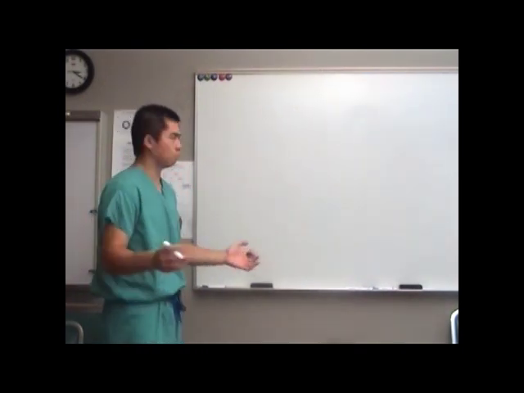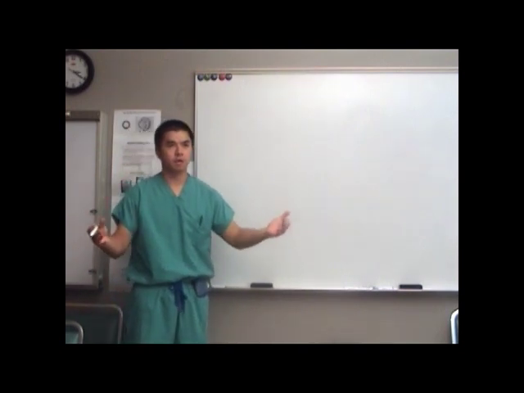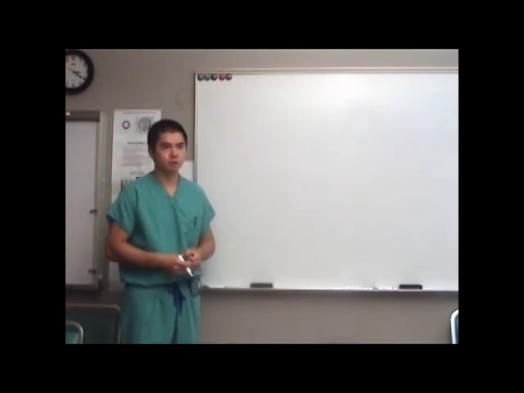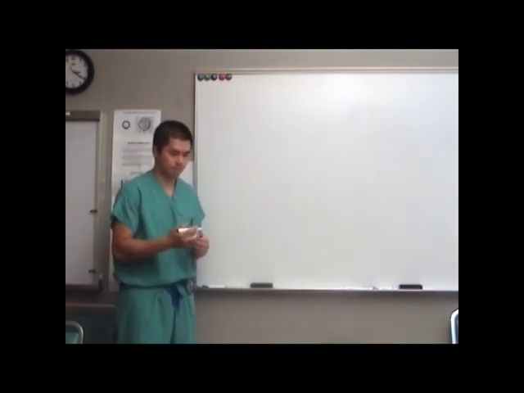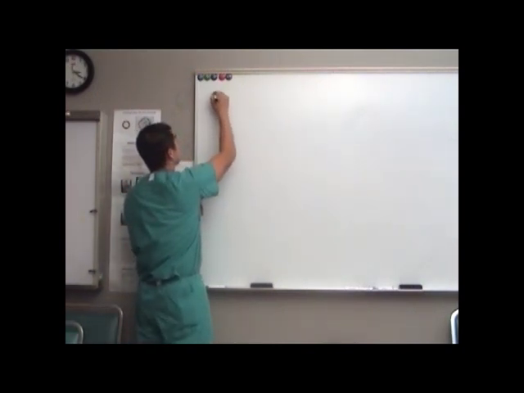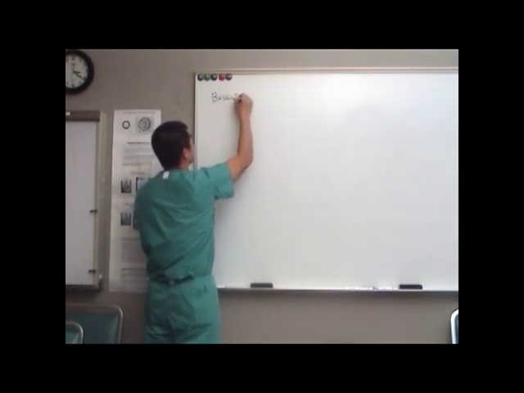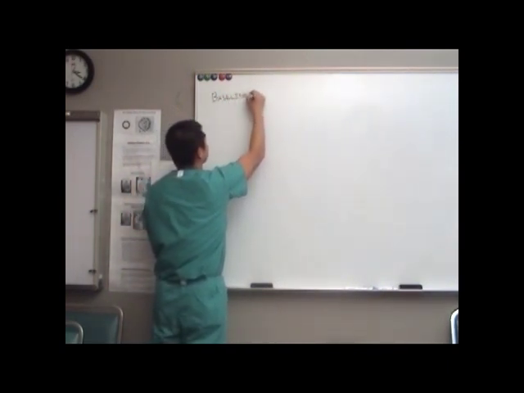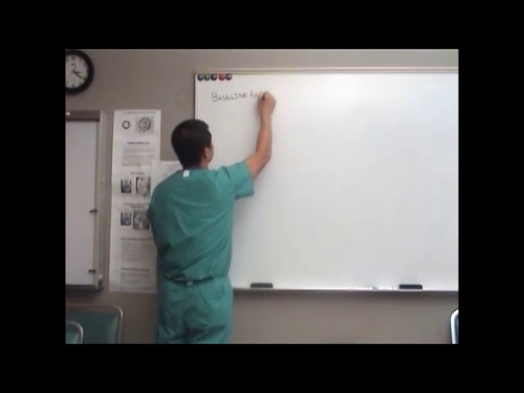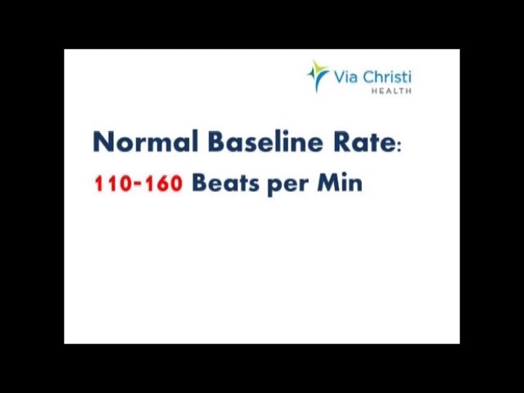To start off, what is the first thing that we usually report on a fetal heart trace read when you're talking to someone? Correct, it's baseline rate. So what's a normal baseline rate? Yep, 110 to 160.